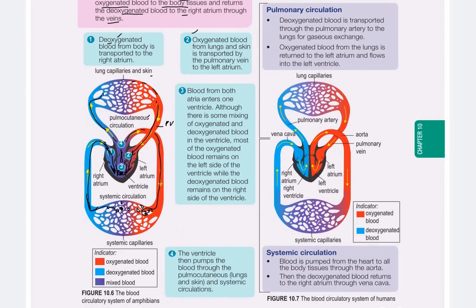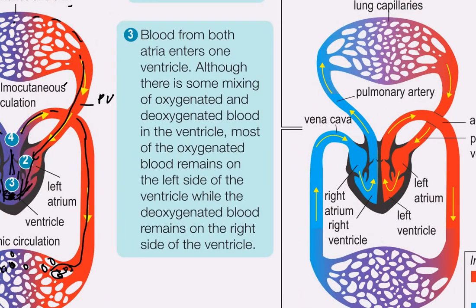So you can see here, the heart has 4 chambers. Okay, you can see we make it bigger here. So the heart has 4 chambers: right atrium, right ventricle, left atrium, left ventricle. And you can also see that the blood is not mixed together.